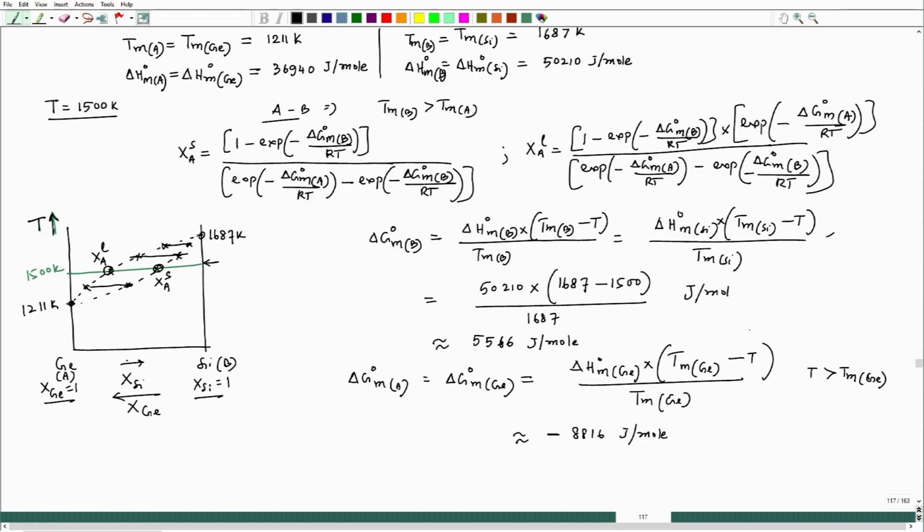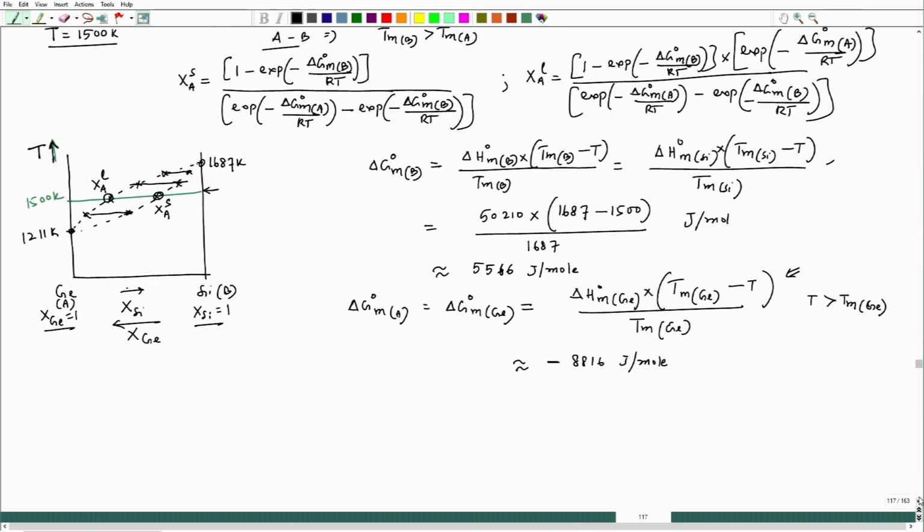if I consider this formula, which is derived, if you recall, this is H, this is T, this is Cp solid, and this one is Cp liquid, this is melting point.